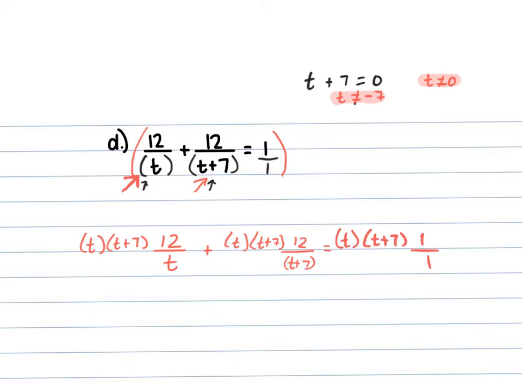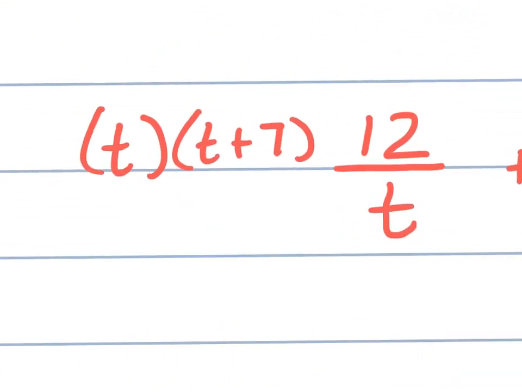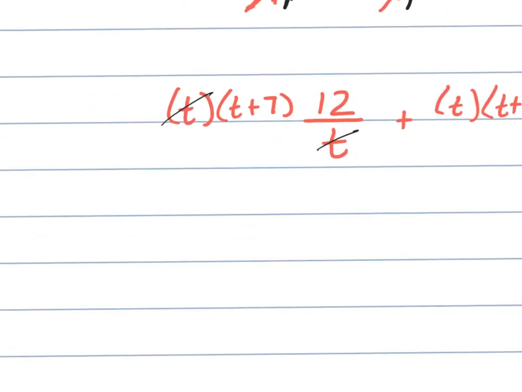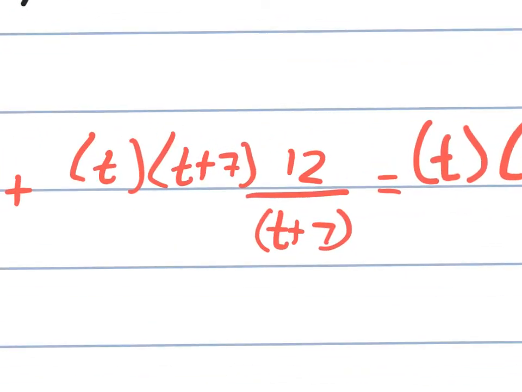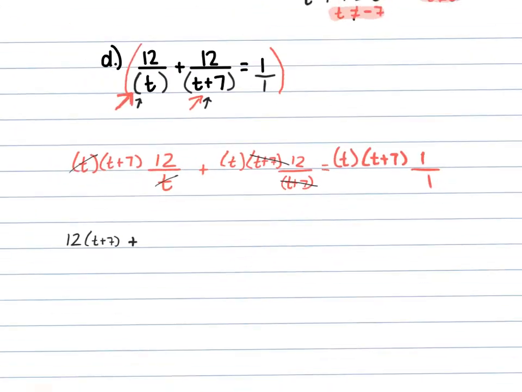But here's where it all kind of works out kind of nice, because what is going to cancel out? Let's talk about the first one. What cancels out here? Yeah, that t is going to cancel with this t, leaving just 12 times t plus 7. We'll work that out in just a moment. We're going to go on to the next one. Here, what cancels out? The t plus 7, leaving just 12 times t.